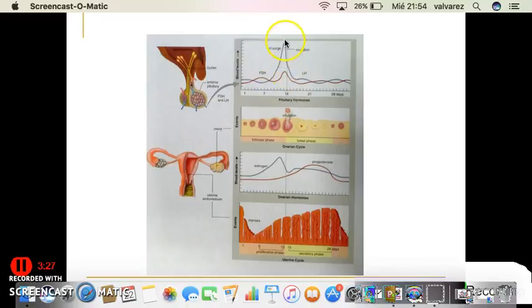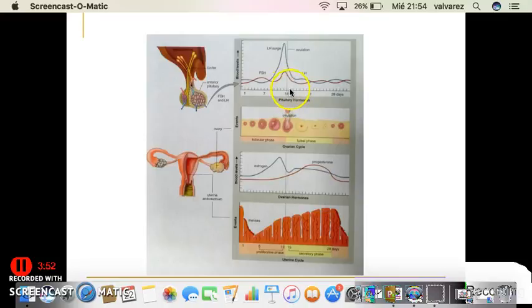And still, when the LH is high in blood, the follicular cells here are turning into the corpus luteum. Ovulation, if we check out here, took place around day 14.